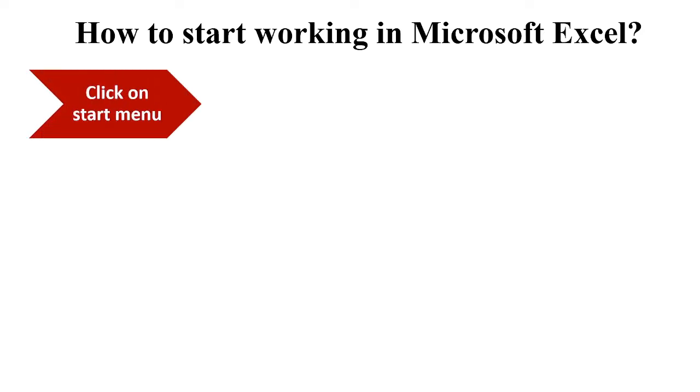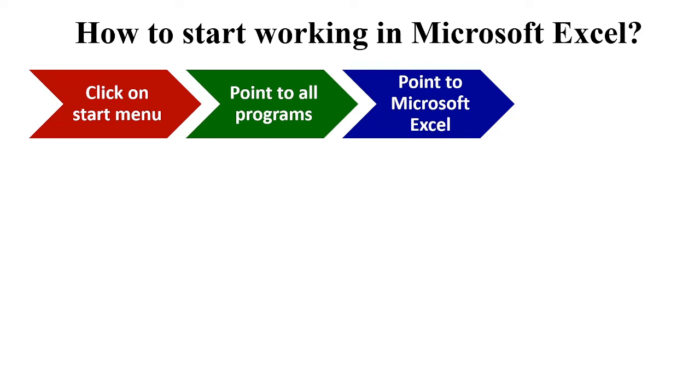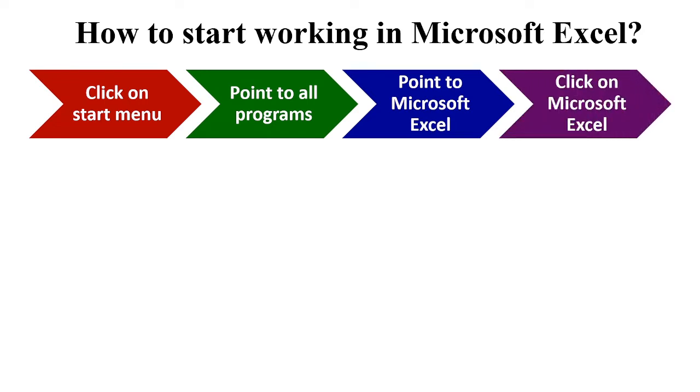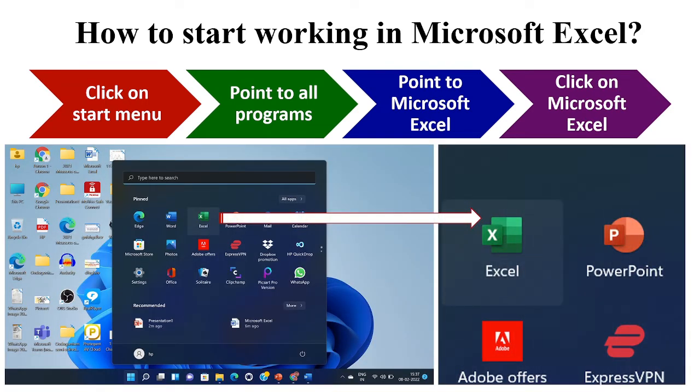Click on Start menu, point to All Programs, point to Microsoft Excel, click on Microsoft Excel. Alternatively, Microsoft Excel can also be opened from the Start menu if it has been added there. In addition, it can also be opened from the desktop shortcut if you have created one.